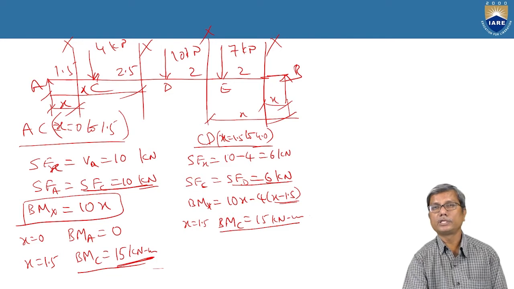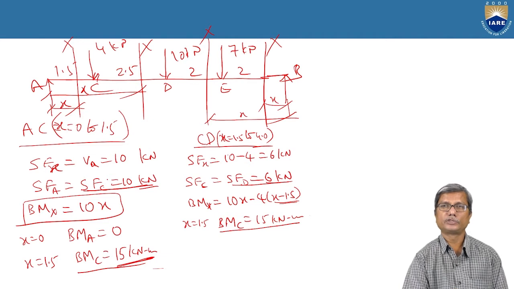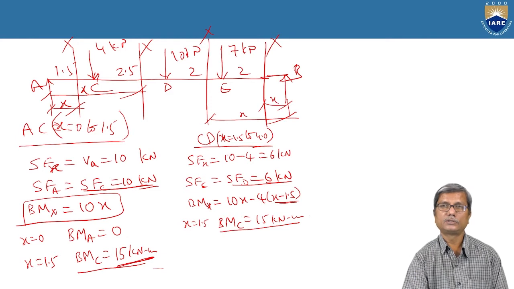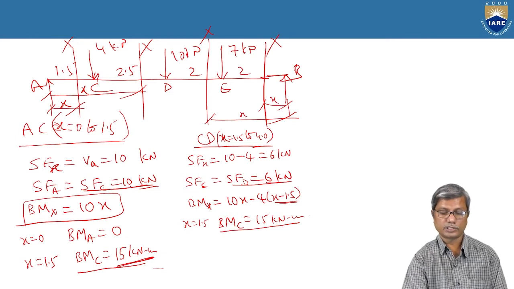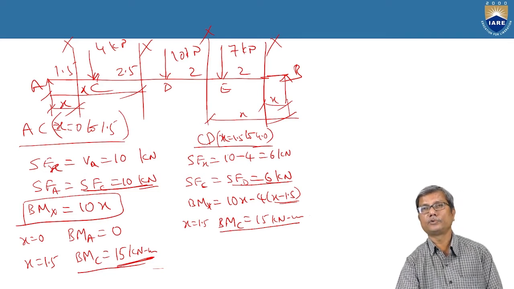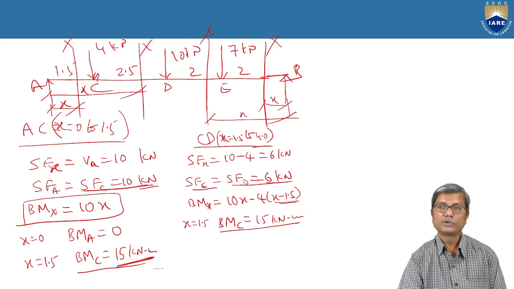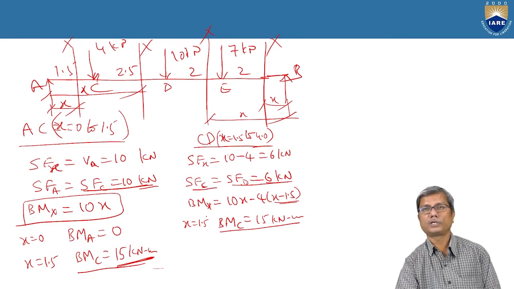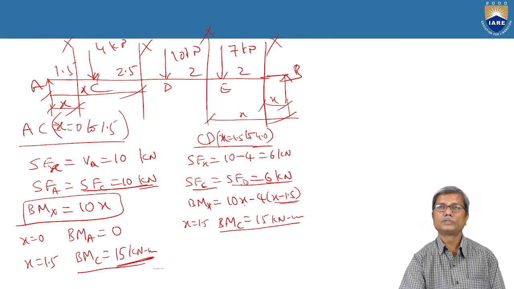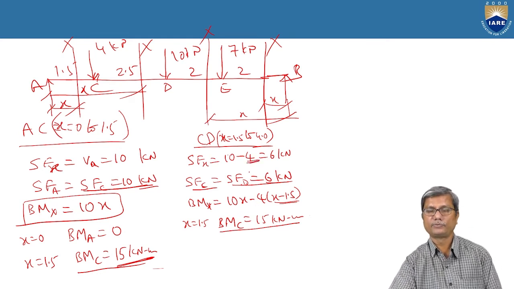Because in portion AC, we consider the section at C just to the left of the load, so the 4 kilonewton load does not come into the picture. Whereas for portion CD, we consider the section at C just to the right of the load. Just to the right means the 4 kilonewton force comes into the picture, so that's why we have subtracted 4 from 10.